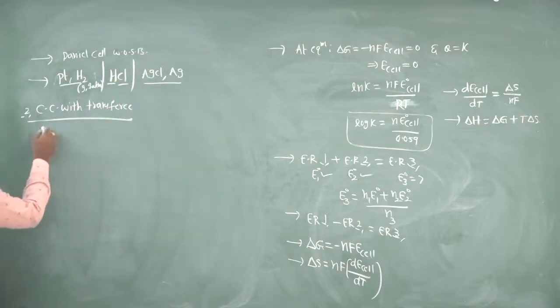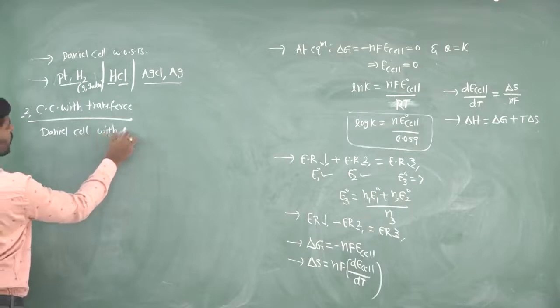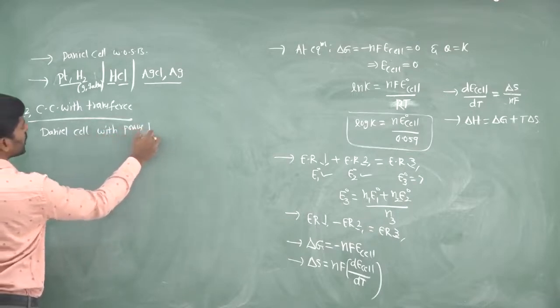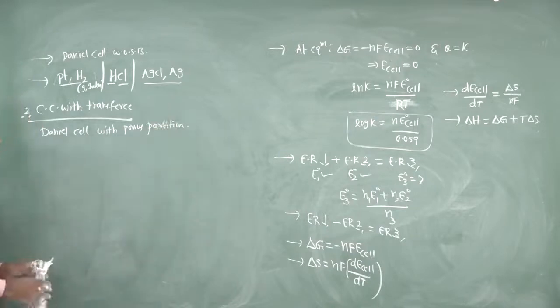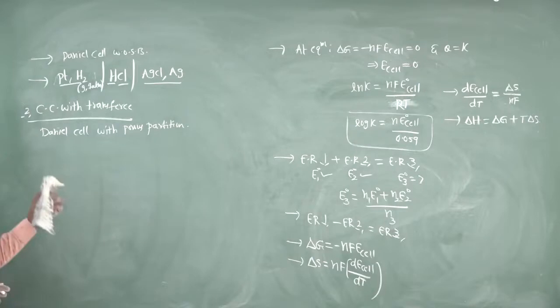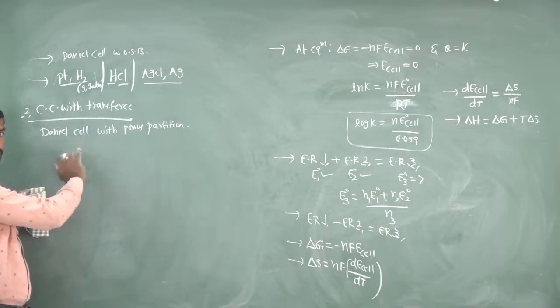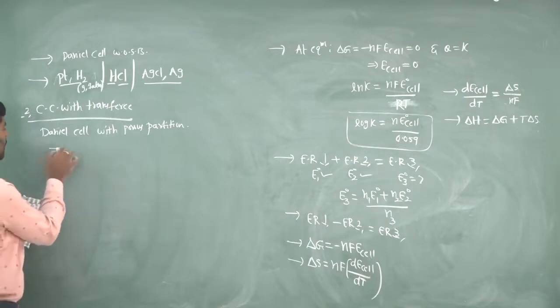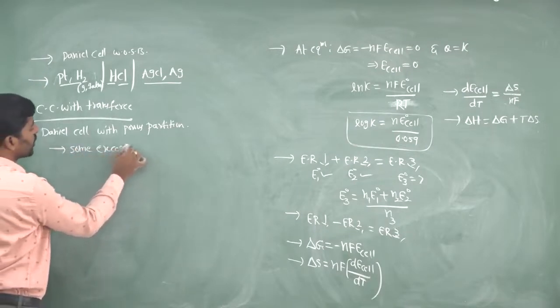Now take the Daniell cell without salt bridge, or with a porous partition. If two half cells are separated by a porous partition, then in addition to electrode reactions, transfer of ions takes place from one half cell to another. Because of diffusion of ions, some excess potential is observed.